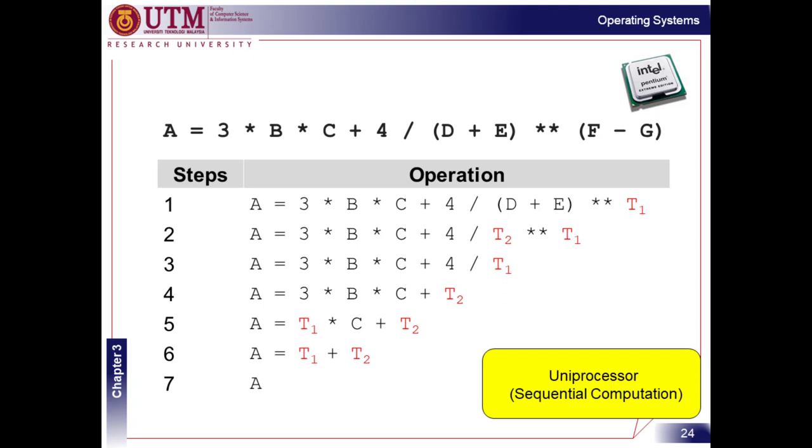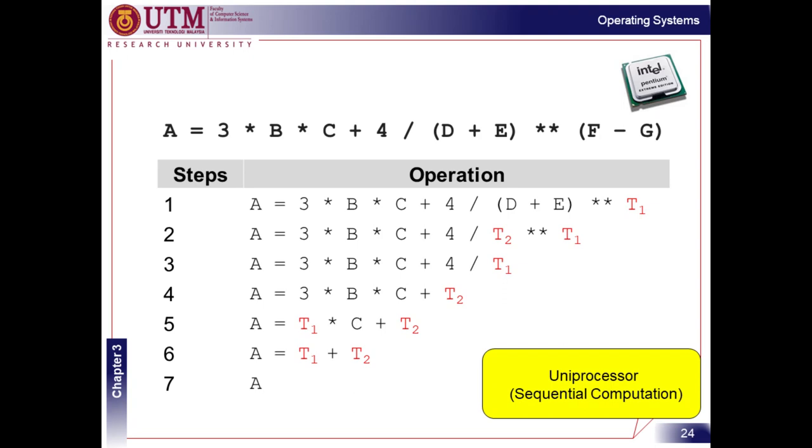Recall that the equation is A equals 3 times B times C plus 4 divided by the quantity of D plus E raised to the power of F minus G. The table on the slide shows the steps that the uniprocessor system takes to compute the equation. Each step corresponds to one operation that the system can perform.